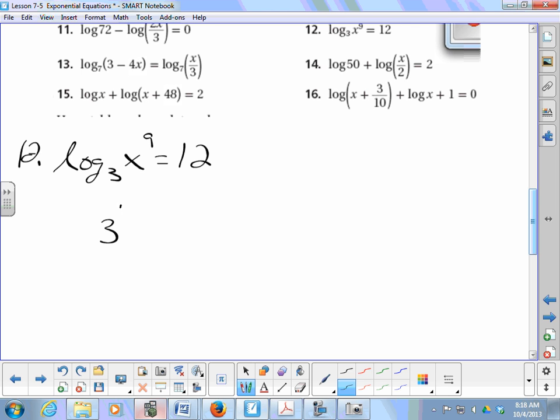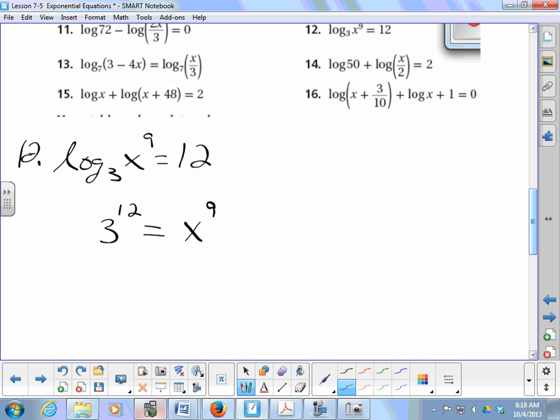So this is 3 to the 12th power equals x to the 9th power. That's interesting, isn't it? Okay. How many people got here and stopped? How many people didn't get even there?